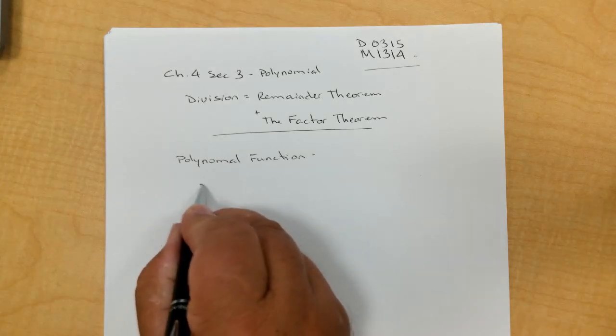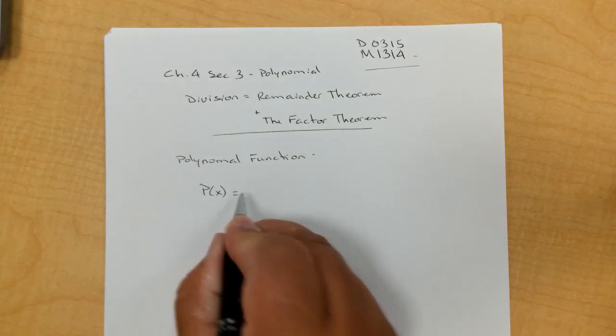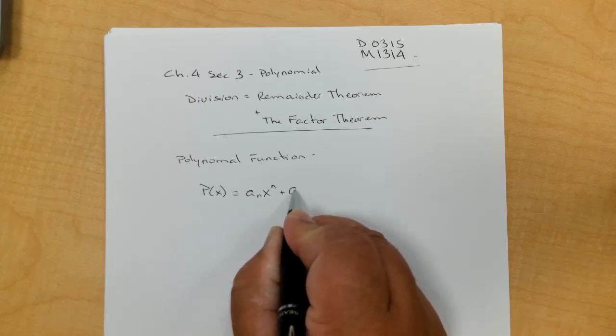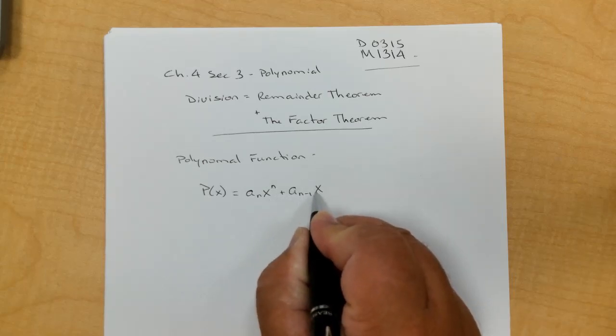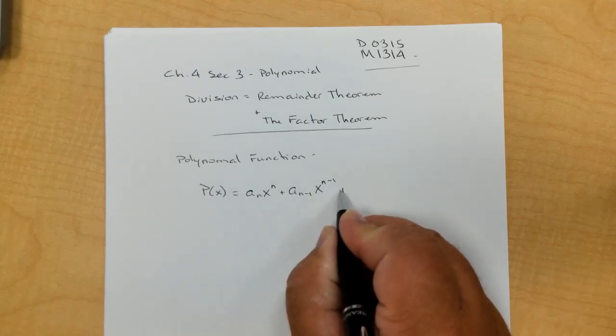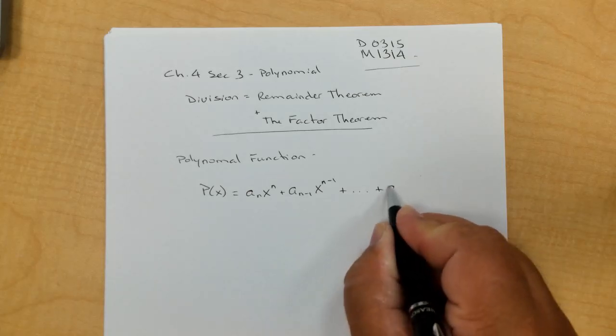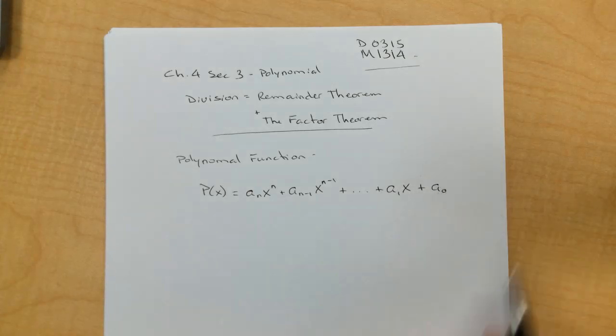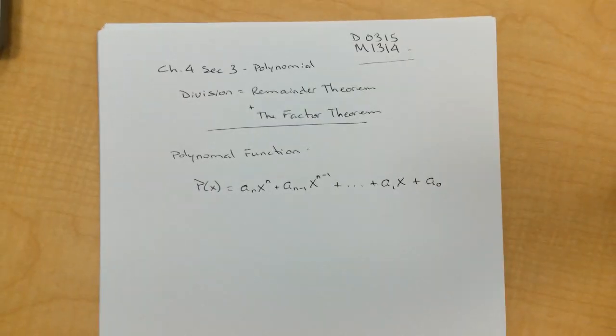A function looks like this. That's a polynomial.